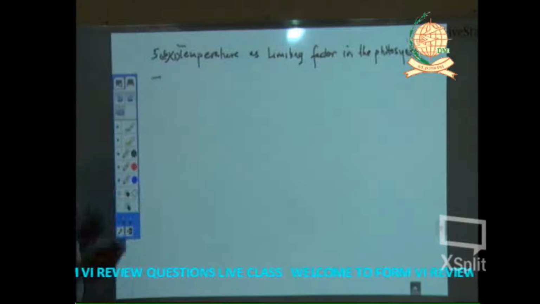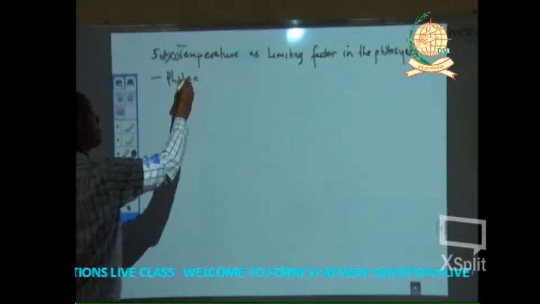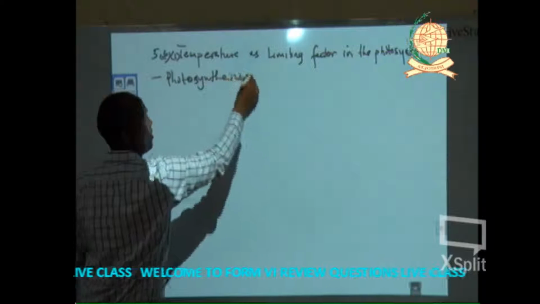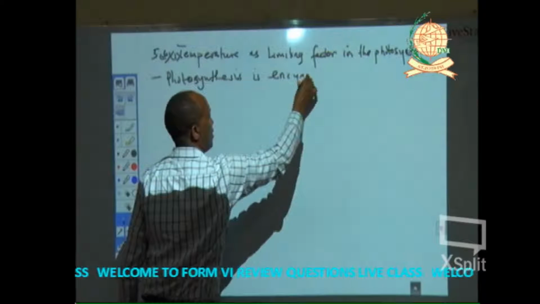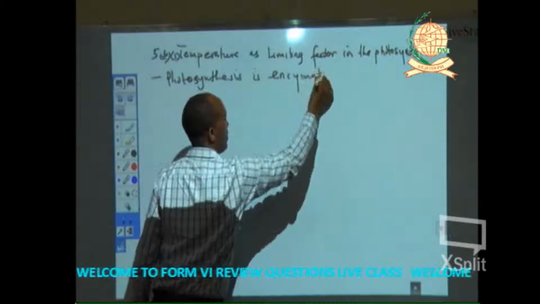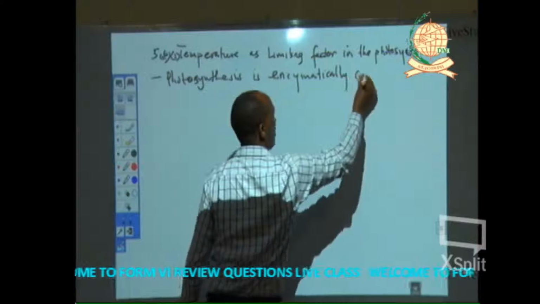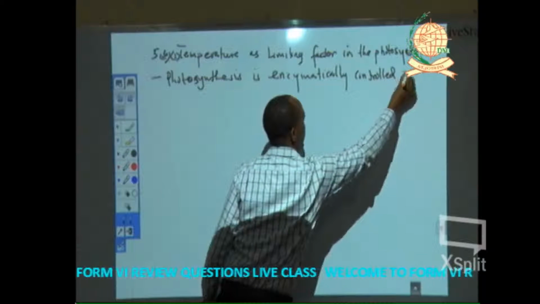You can start this way: we know that photosynthesis is an enzymatically controlled reaction.